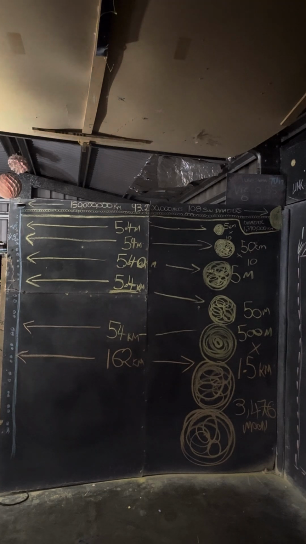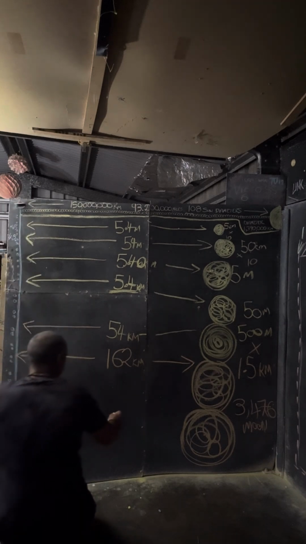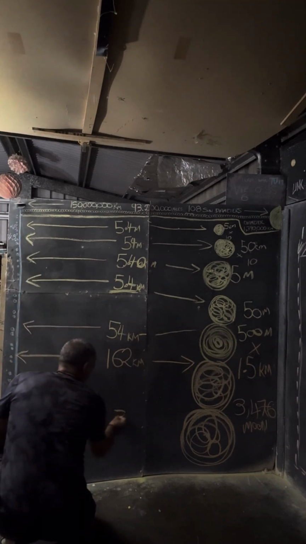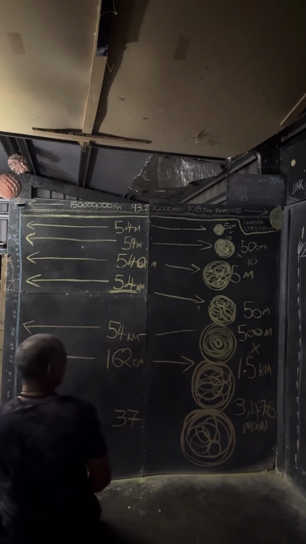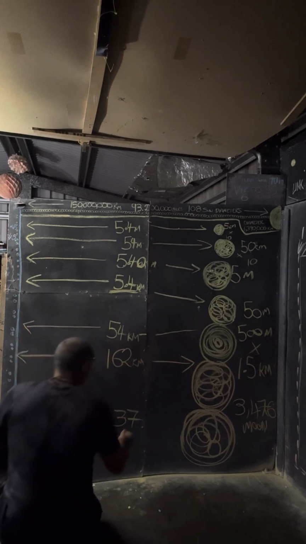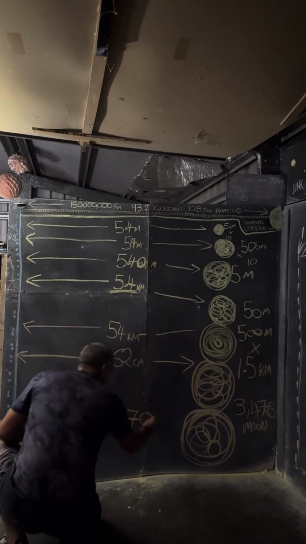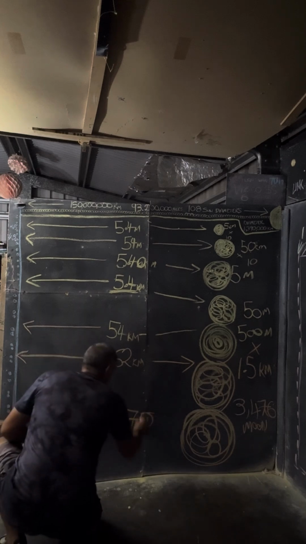Alexa, what's 3,476 multiplied by 8, please? 3,476 times 8 is 27,808. Alexa, what's 3,476 multiplied by 108? 3,476 times 108 is 375,408.